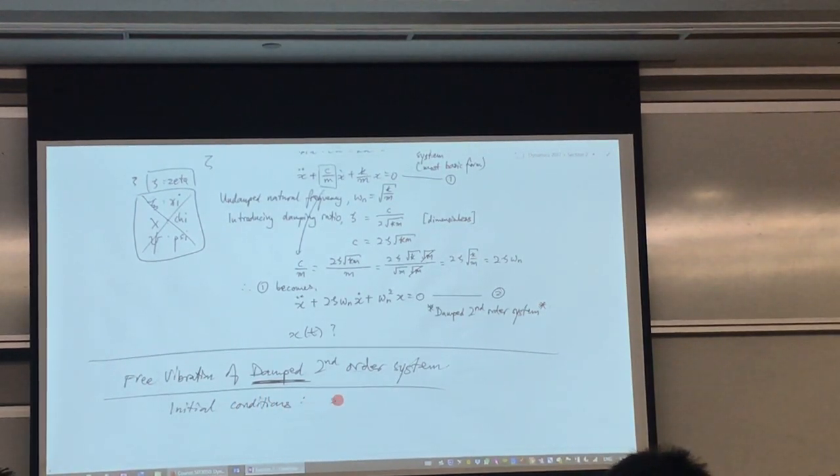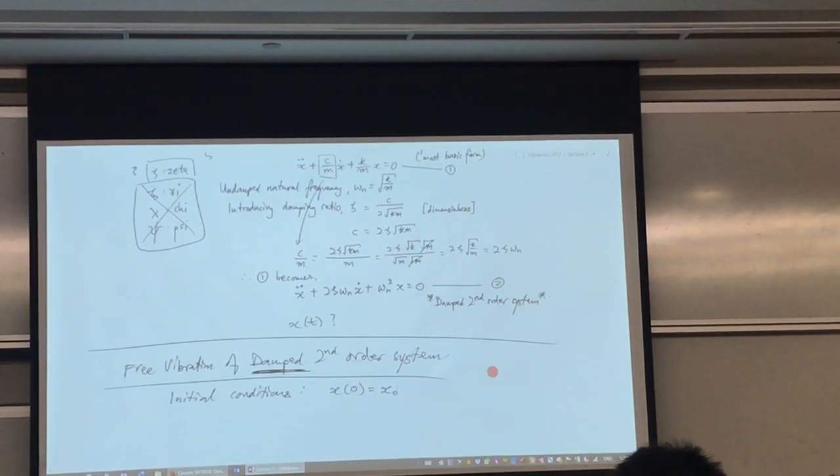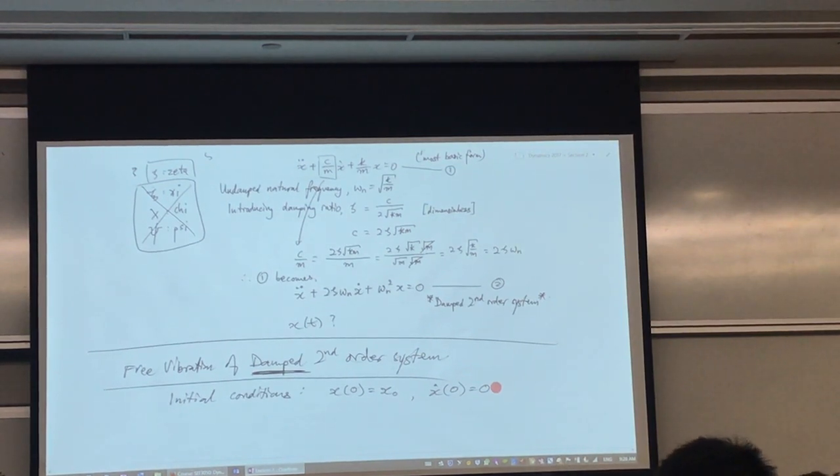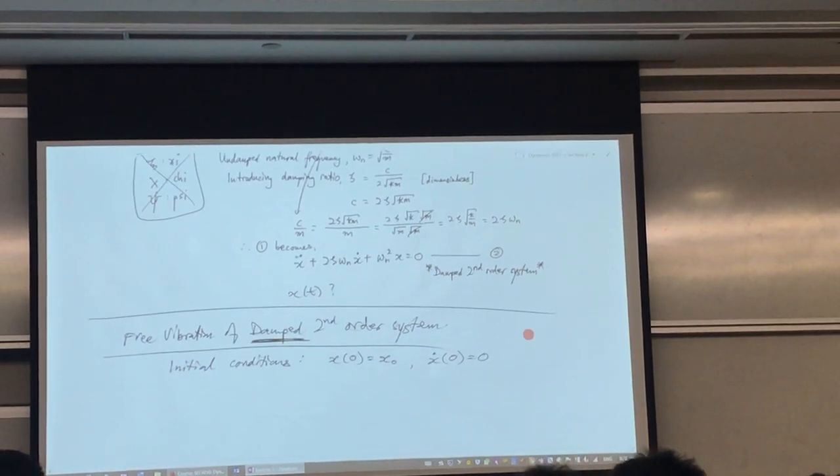The first is that the displacement of the mass with the spring and damper, at time equal to 0, is x naught. So you pull it down by the x naught value before you release it. That's your initial condition. The other one is the velocity at time equal to 0. Just before you release it, that velocity is equal to 0. These are the two initial conditions.